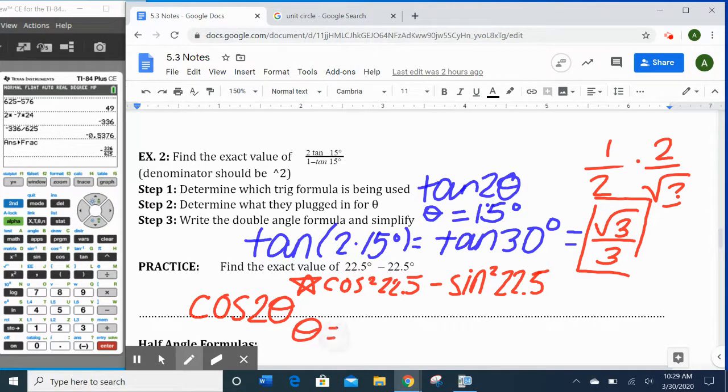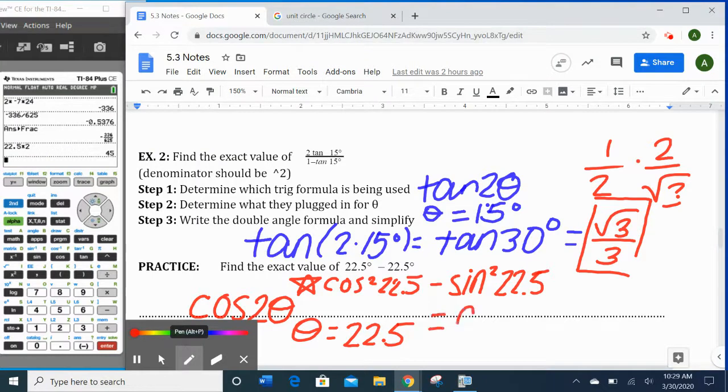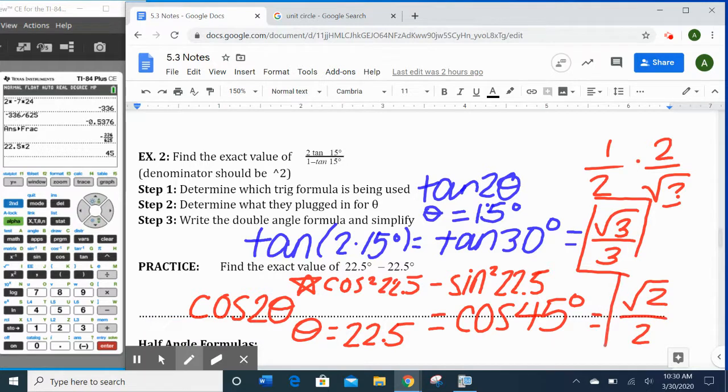And then what they plugged in for theta was 22.5. So when you take 22.5 times 2, you get 45, which means I'm finding the cosine of 45 degrees. And the cosine of 45 degrees is root 2 over 2. So the answer to the question is root 2 over 2.